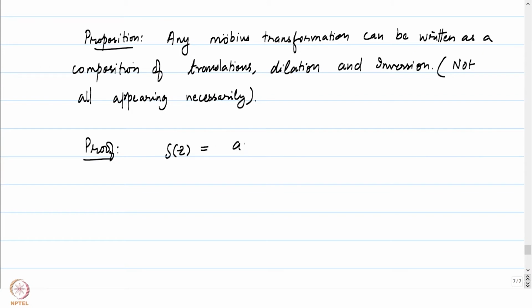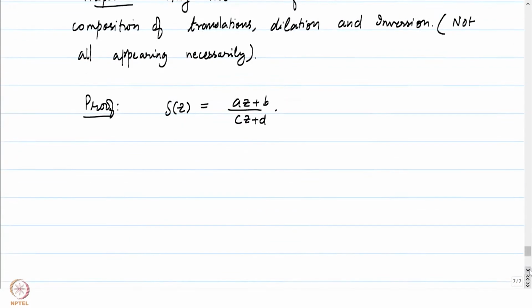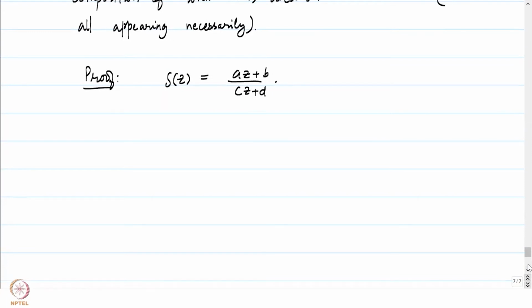Suppose our S of z is of the type az plus b by cz plus d. Two cases can happen. If c is equal to 0, then our S of z is going to be, we could have just considered az plus b, but let's anyway stick to what we have just taken.